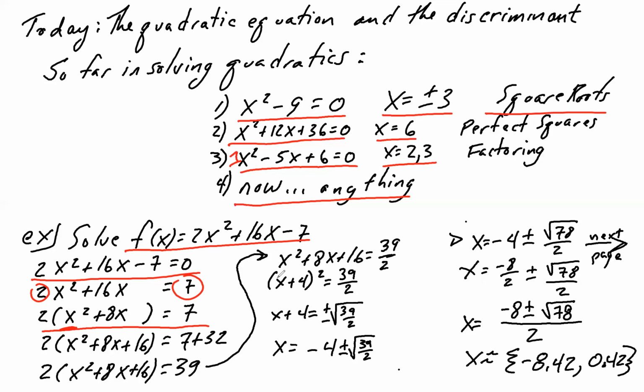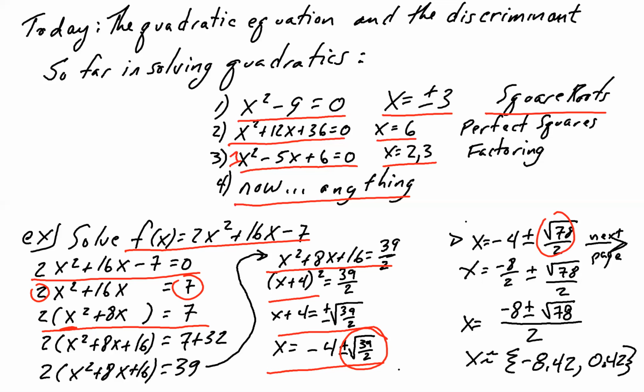Okay, we end up with x squared plus 8x plus 16 is 39 over 2. That factors into x plus 4 squared. We take the square root of each side and solve for x. Now, the square root of 39 over 2, that's a little bit problematic. Let's fix that up and turn that into the square root of 78 over 2.